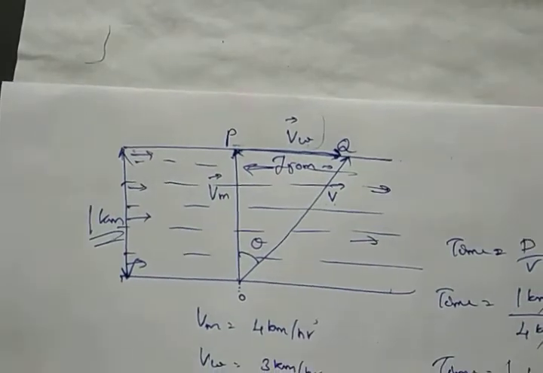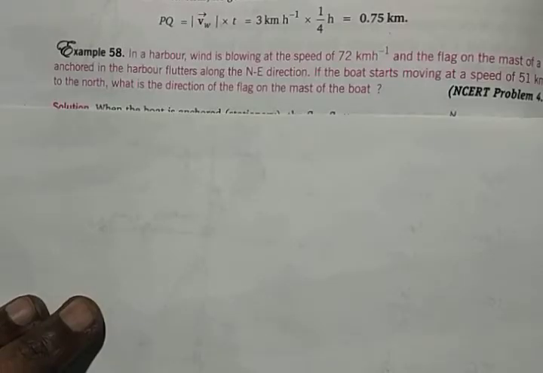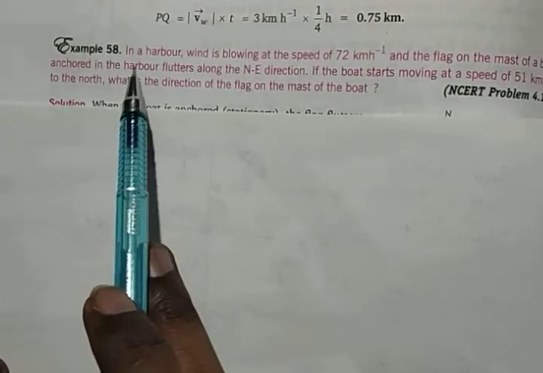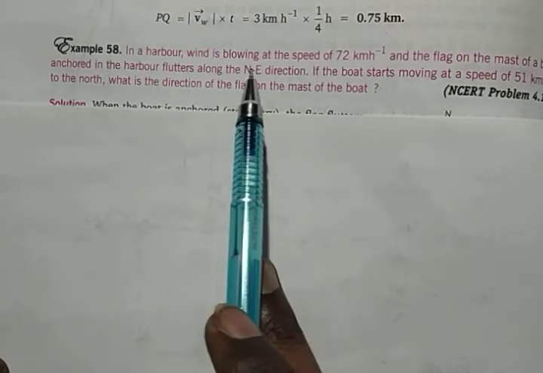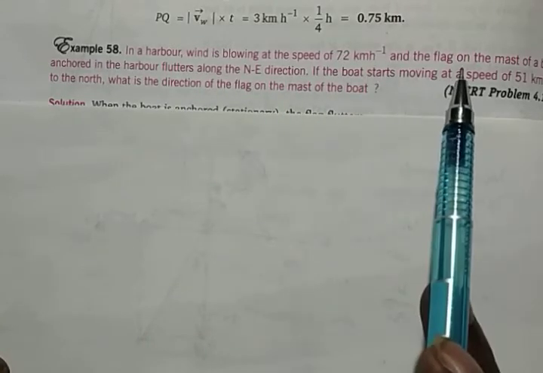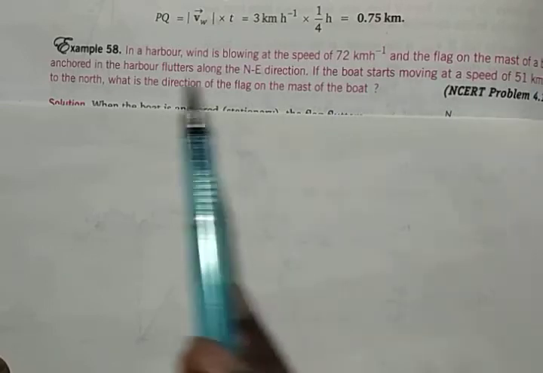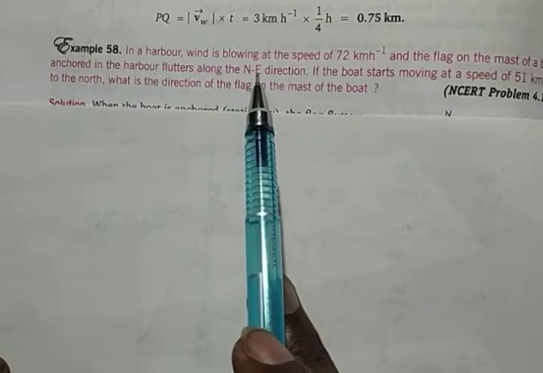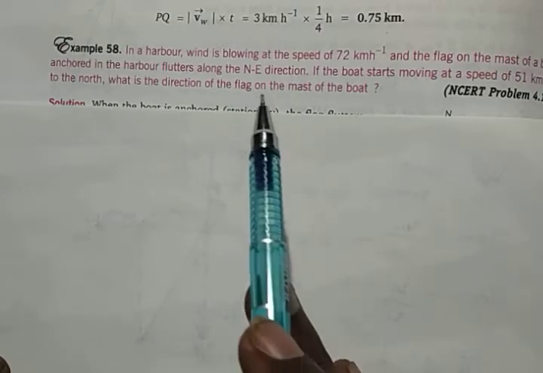Alright, we'll go to the next question now. The question number 58, it says, in a harbor, wind is blowing at a speed of 72 kilometers per hour, and the flag on the mast of a boat anchored in the harbor flutters along northeast direction. So look at this one.